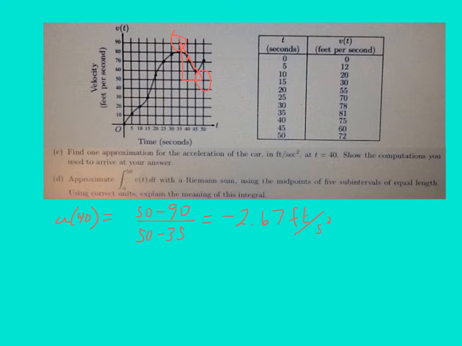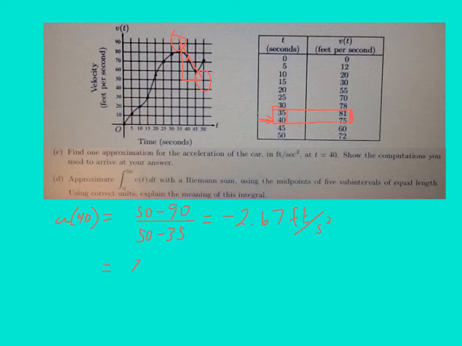Now, there are a number of different ways using the chart as well. We want the acceleration at 40. So it's still slope, but we could do between 35 and 40. So we could use those two numbers and find the slope of that line. So the slope is always still kind of rise over run. This becomes my rise.